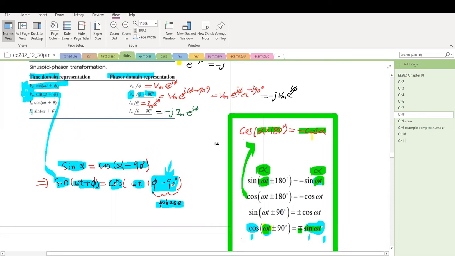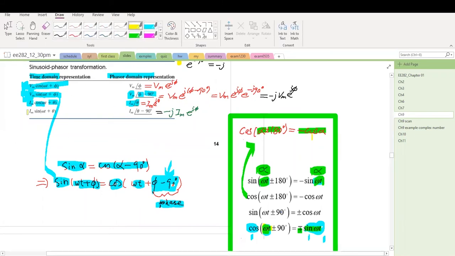What about the current source? Im cosine omega t plus theta: the phasor will be Im at the angle theta. And Im sine omega t plus theta: the phasor will be Im as the magnitude, and the phase will be theta minus 90 degrees.